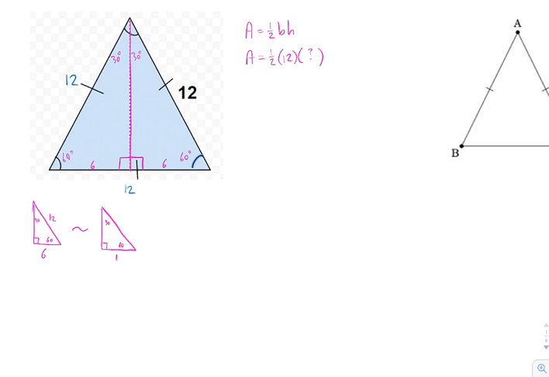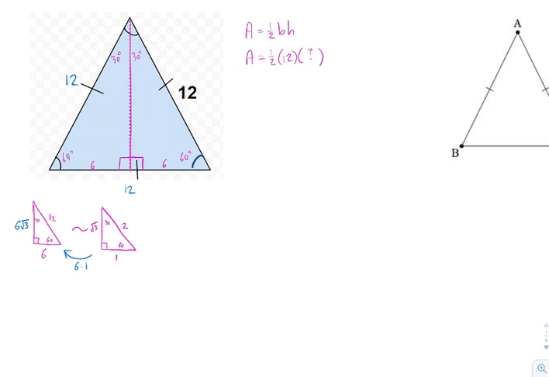So across from the 30 is the 1, across from the 60 is the √3, and across from the 90 is the 2. These are proportional, and this is just a factor of 6 to 1. We multiply by 6 to get from 1 to 6, 2 to 12. So this side must be 6√3. That's kind of a shortcut way.